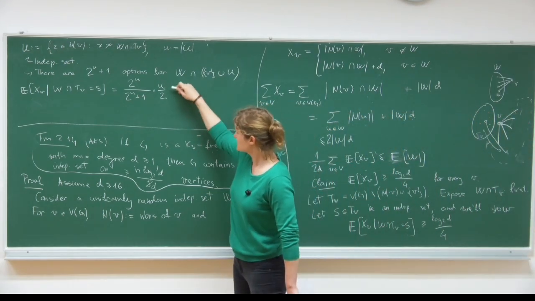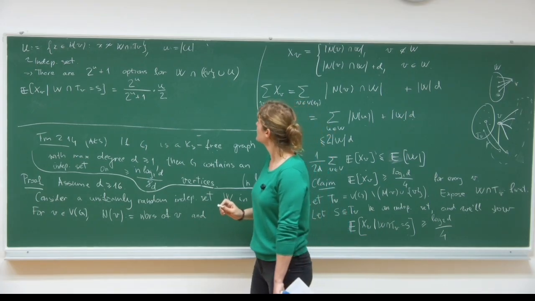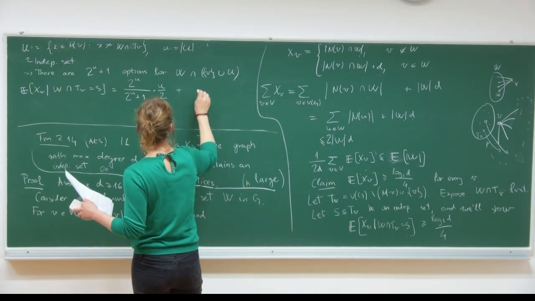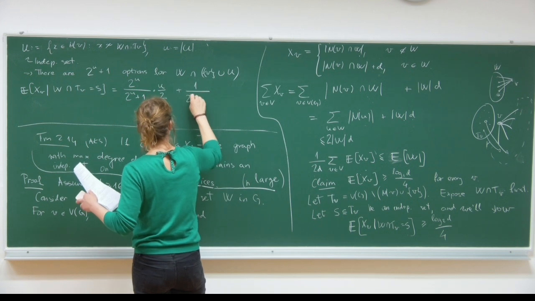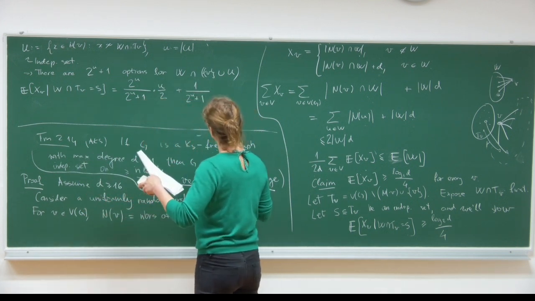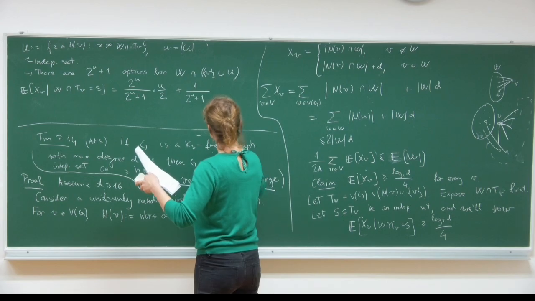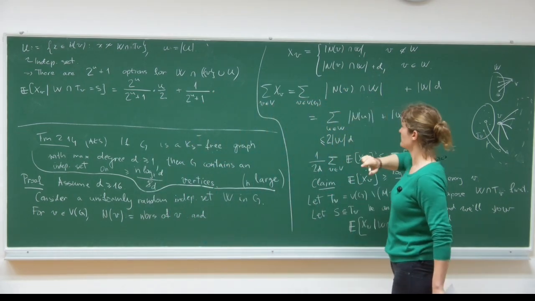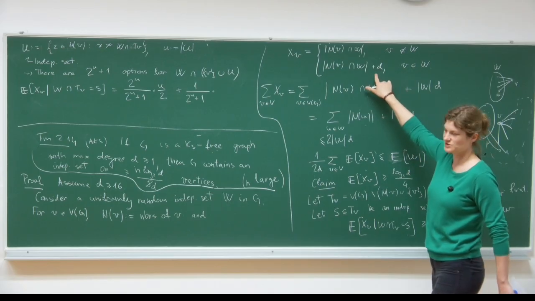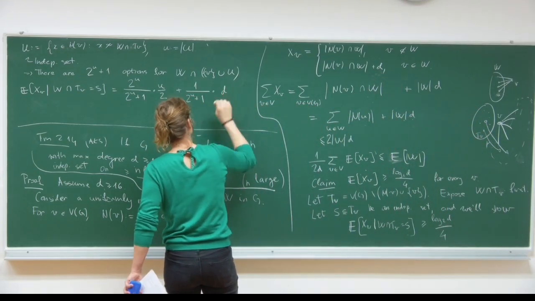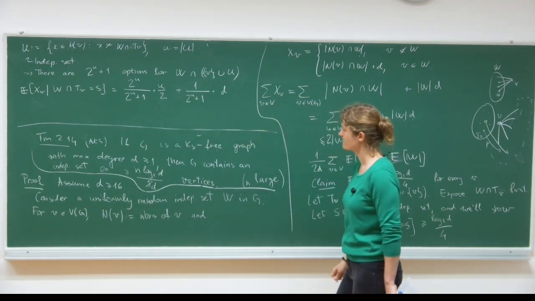And that expectation is precisely this. And then on the other hand, if I have the case that v is in W, then I need this extra term, because in that case none of its neighbors can be in W, but I have this D, and that'll save me.